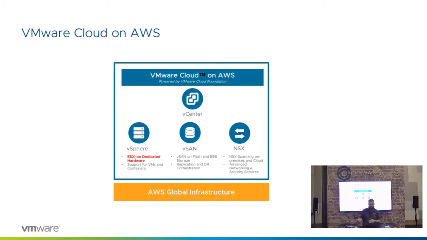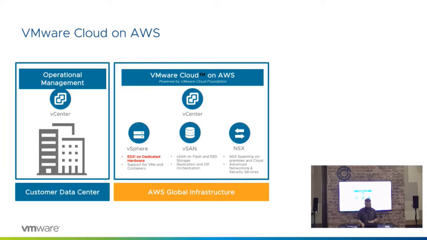This includes vCenter for the management layer, vSphere and ESXi for the host information, vSAN for your storage, and NSX for all things networking related. However, since this is actually vSphere underneath the covers, this can also relate to your on-premises data centers as well. This is literally just giving you a vSphere implementation in the AWS data centers.